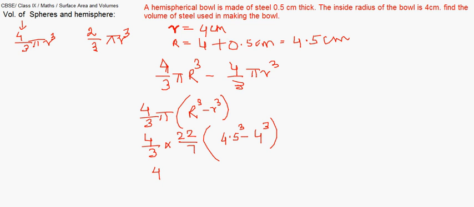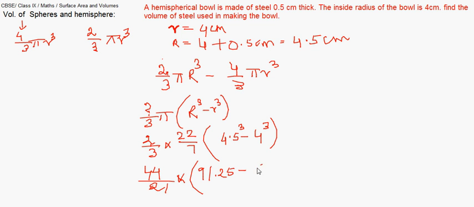I made a mistake down there. It should be 2 by 3. I had taken it as a sphere's formula, so it is 2 by 3, here 2 by 3, and here it will be 2 by 3. So that gives me 44 by 21. 4.5 whole cube is giving 91.125.